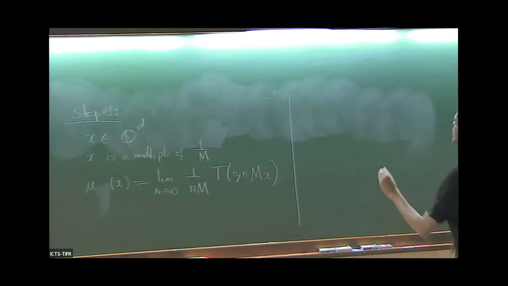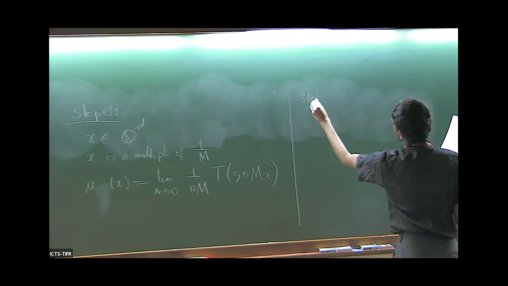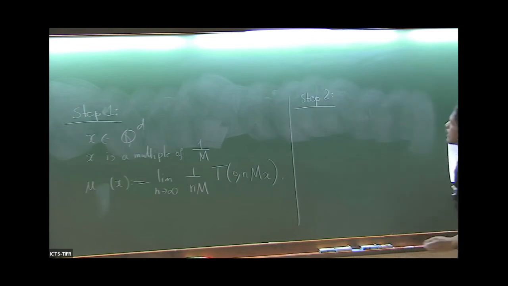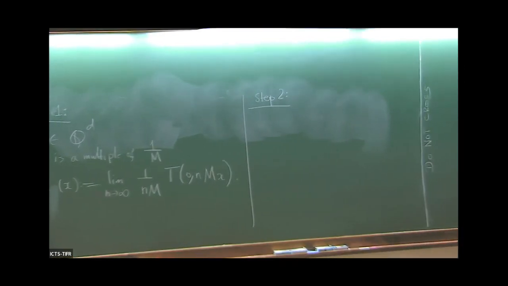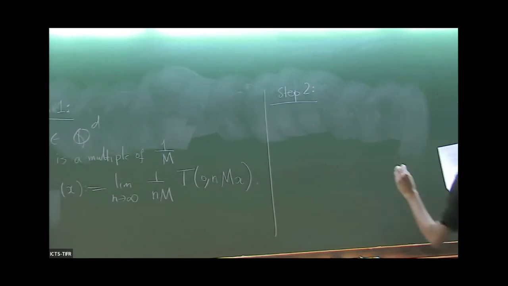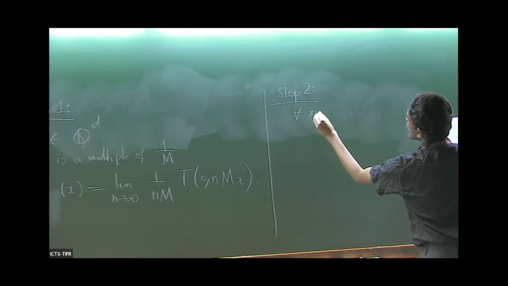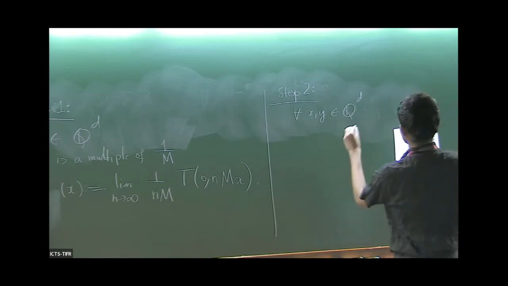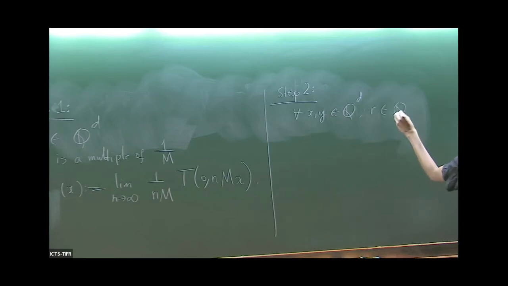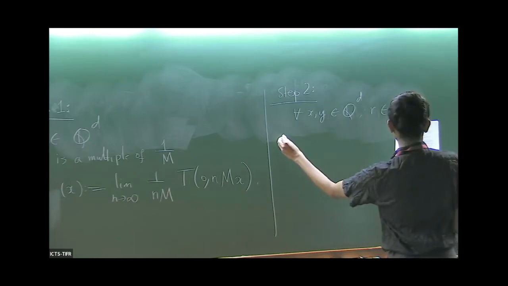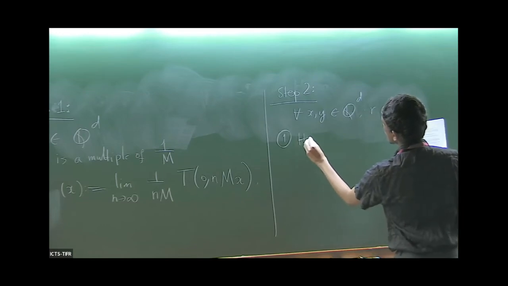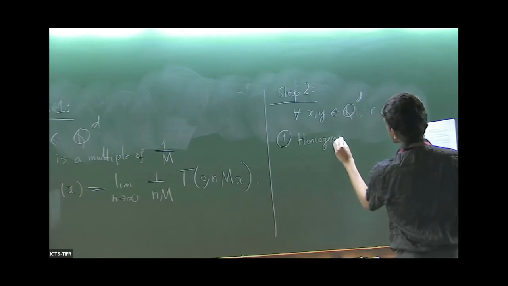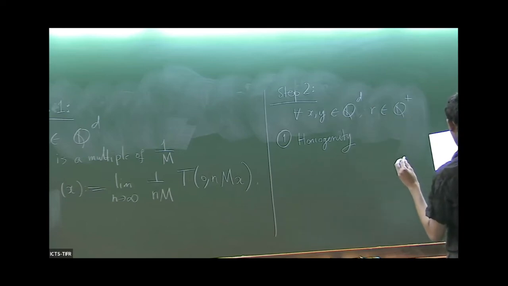So step 2 will be to verify certain properties of mu, which is something I'll not do. These are easy exercises which you can do by yourself. For all x, y in Q^d and r in Q plus, so all vectors with rational coordinates and all positive rationals r, we get homogeneity.